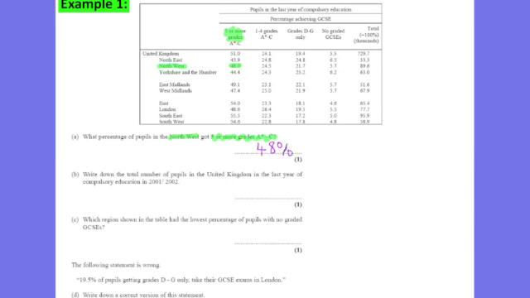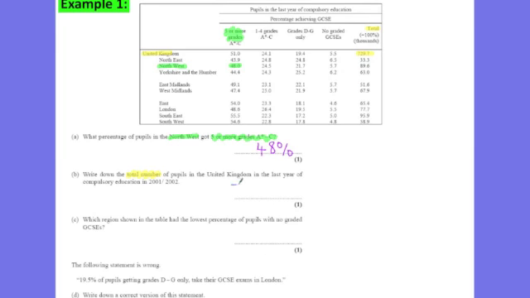We're then asked to write down the total number of pupils in the United Kingdom in the last year of compulsory education in 2001 to 2002. So here now we're looking for the total number, not the percentage. We're looking at United Kingdom, and we can see here this is our totals across and our value here in thousands.